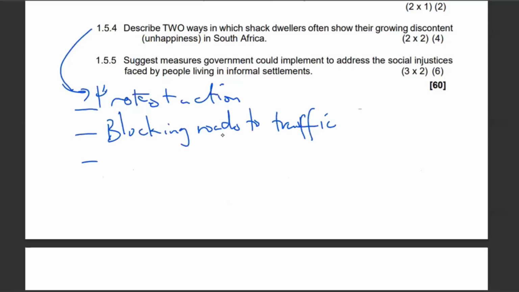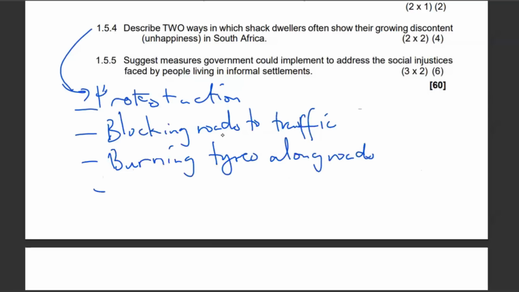Or in some instances, they can burn tires along roads. That is a way of showing their discontent, burning tires along the roads. Or they can also engage in looting and damaging businesses.